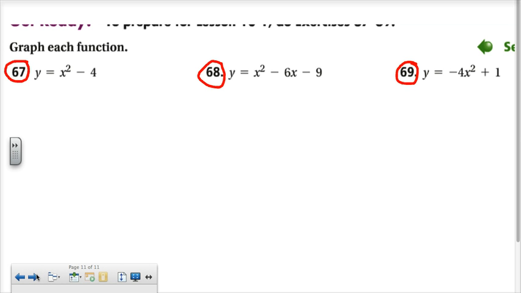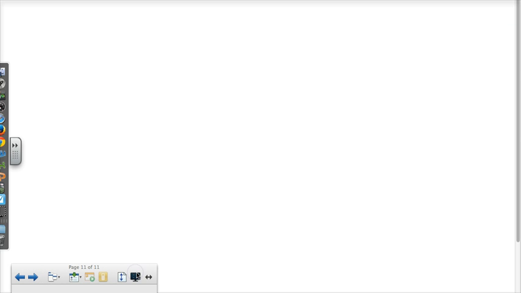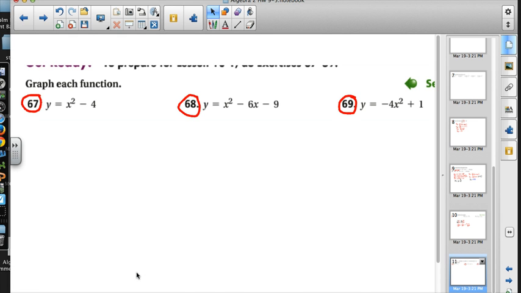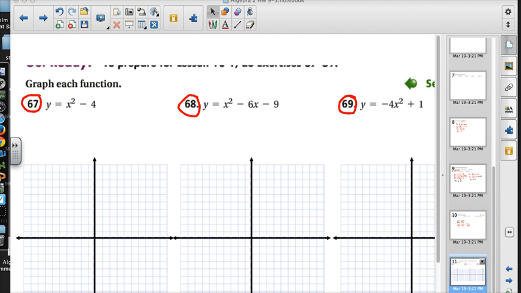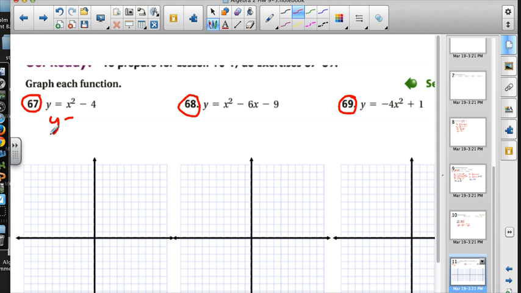Now, this says graph each function. I'm going to grab some graph paper here. All right, now I have graph paper and I'm all ready to go. And with 67, I notice the parent function here would definitely be just y equals x squared. And that, of course, is 0, 0, 1, 1, 2, 4, etc. And using symmetry, equal but opposite on the other side. So this is my parent function.